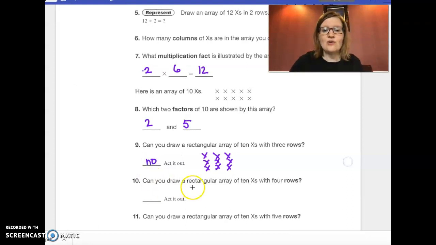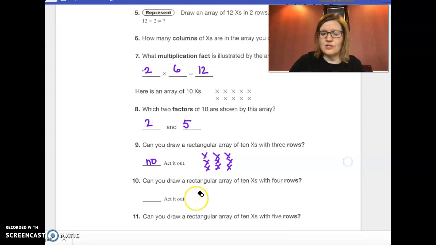Can we draw an array of 10 x's with 4 rows? Let's try. 4, 1, 2, 3. Wait, these are columns. Hang on, guys. I've got to erase. We can try doing this.